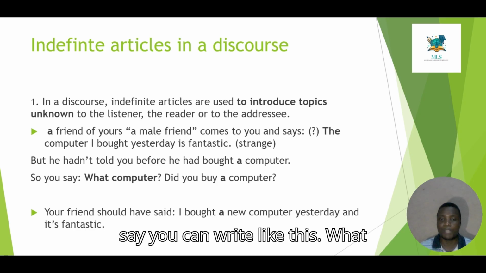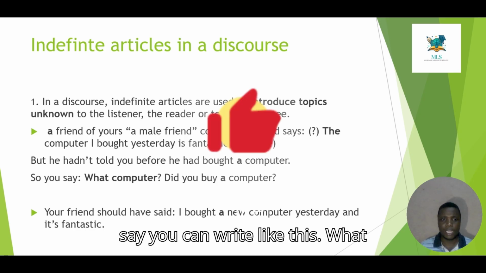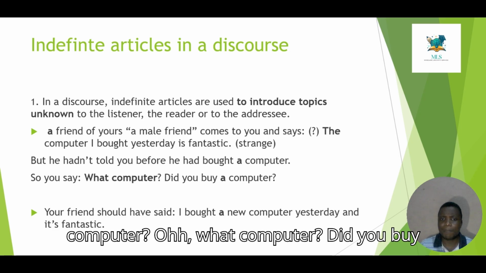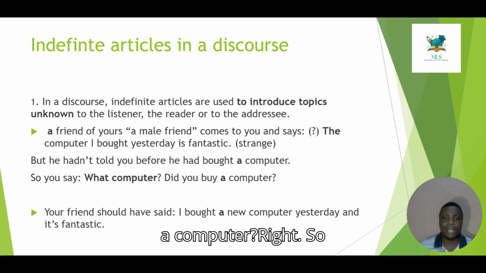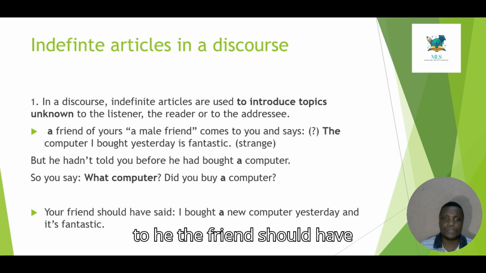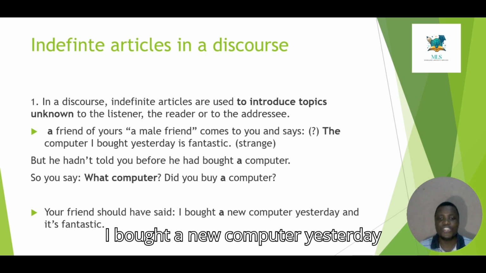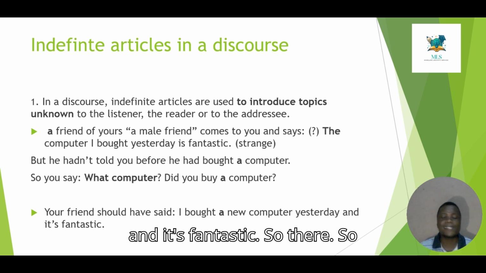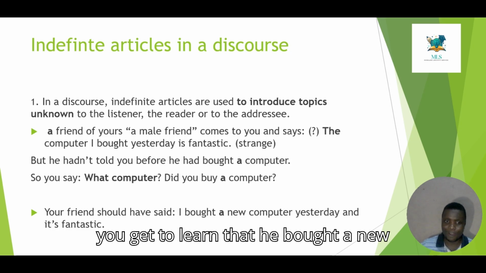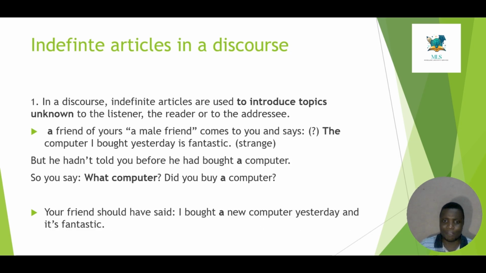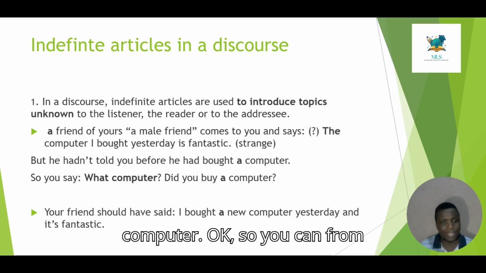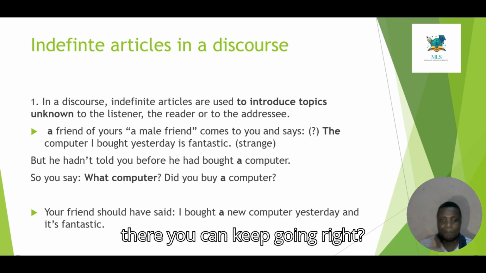So you can ask, what computer? Did you buy a computer? Right? So the friend should have said something like, "I bought a new computer yesterday and it's fantastic." So you get to learn that he bought a new computer. Okay. So from there you can keep going. All right.